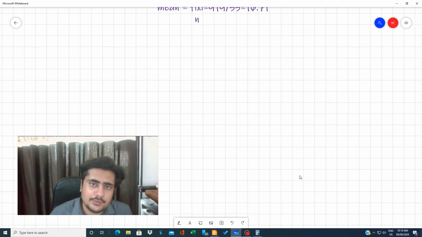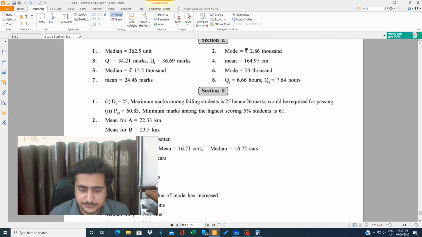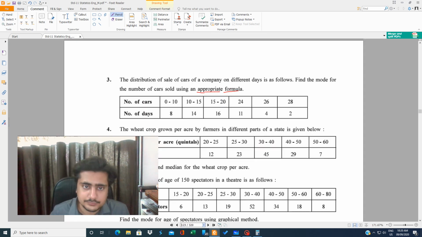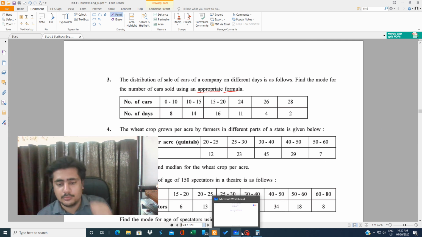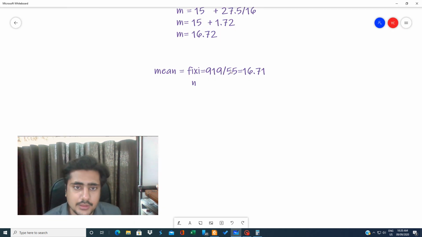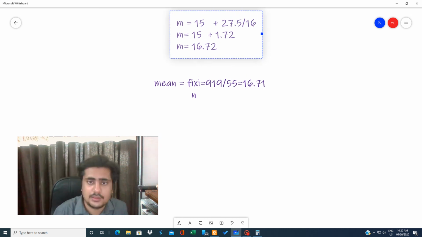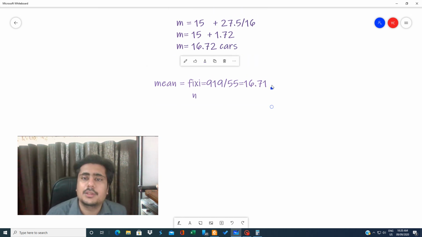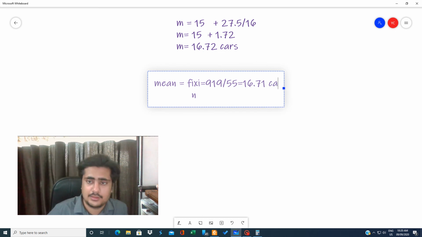Now let us find the mode. Everything is in cars. So mean is also number of cars, median is also a number of cars, and mode is also a number of cars.